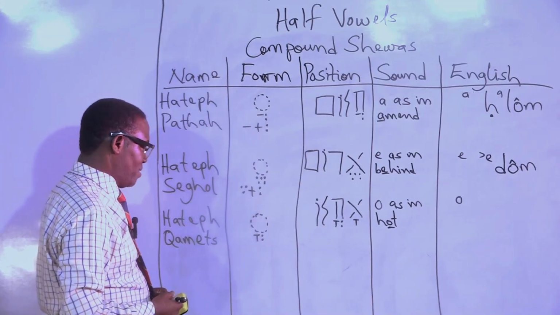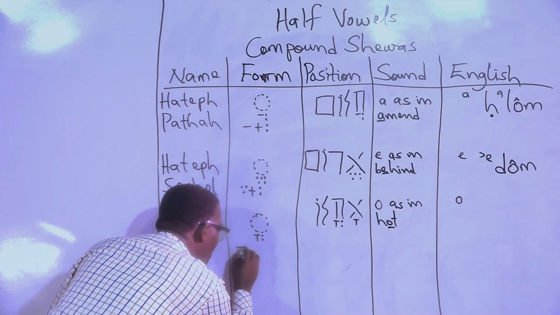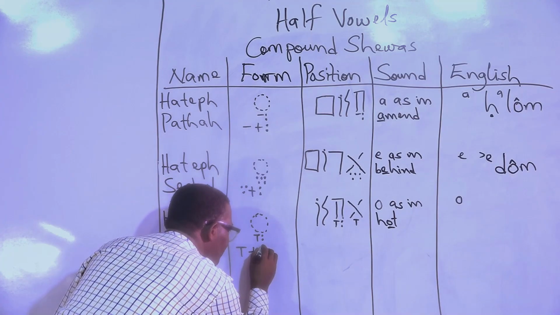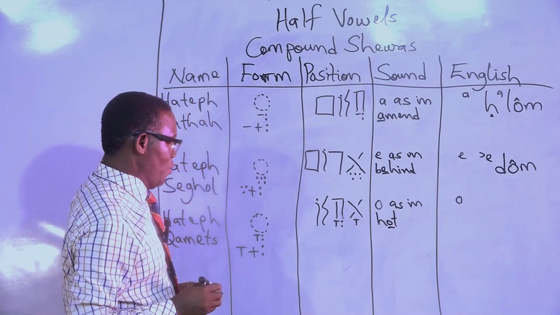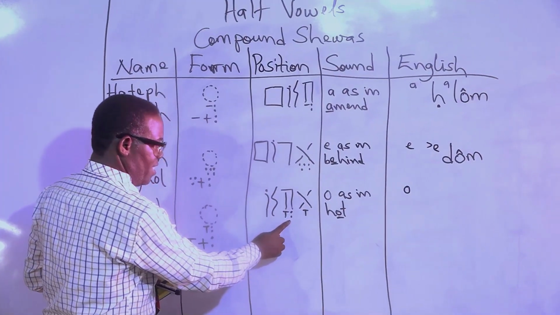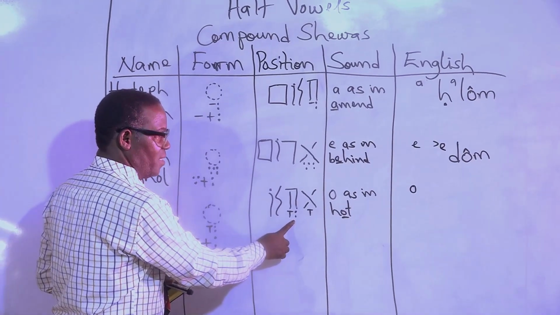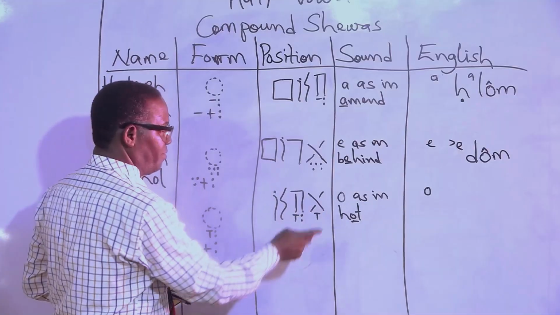Now we come to the third one, which is Hateph Kamets. We have Kamets Hatuf, which is the short O vowel, plus Shewa. So we have that. Then see the way it appears under a consonant. Here we have Aleph.